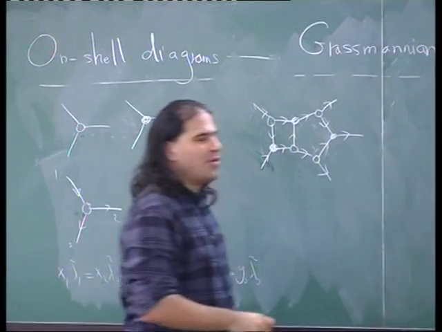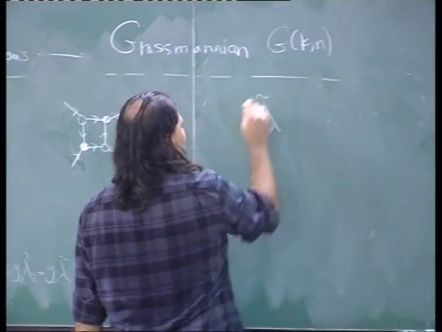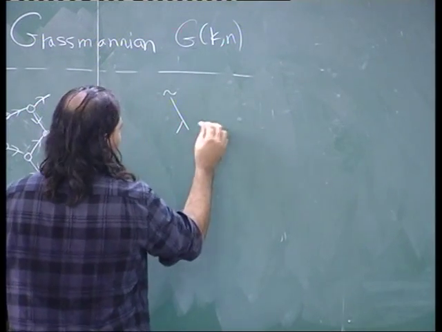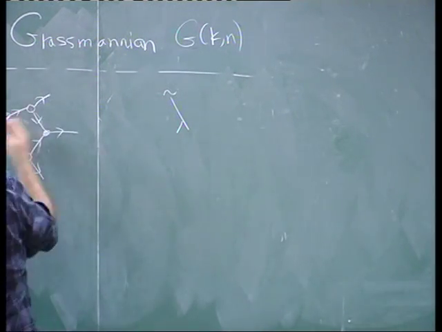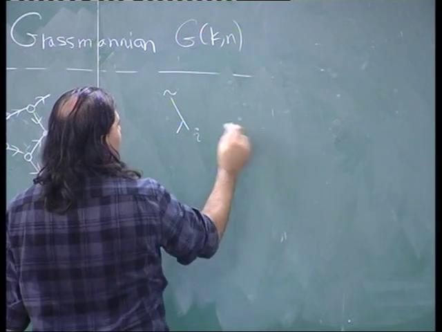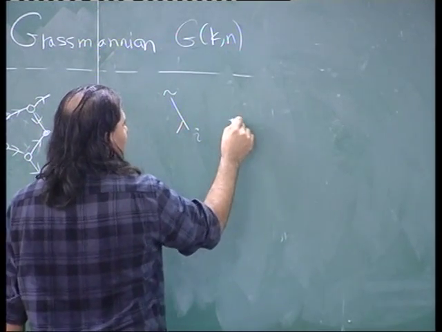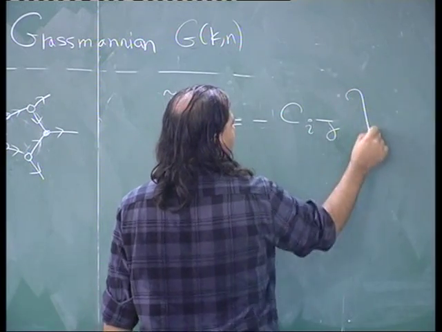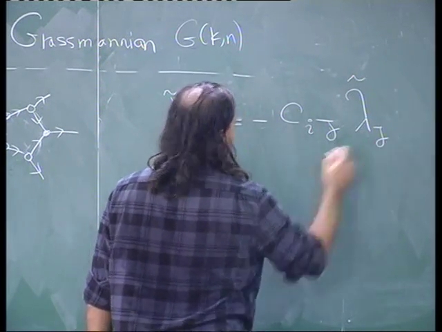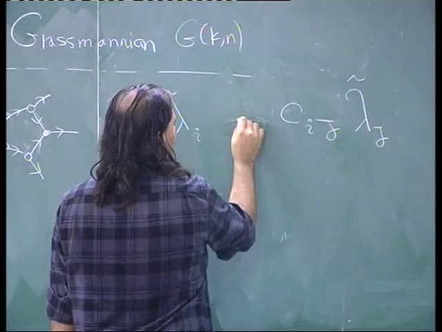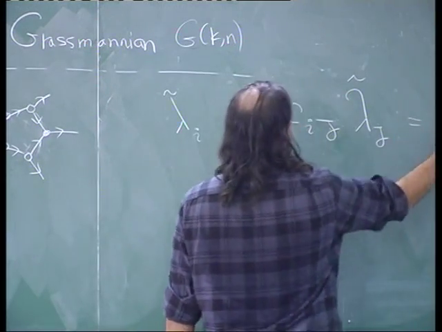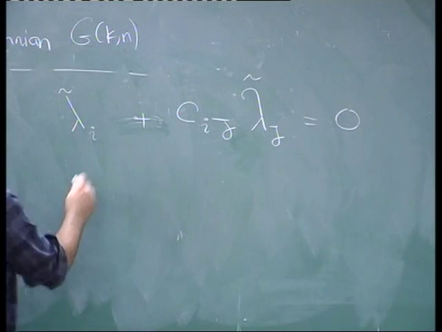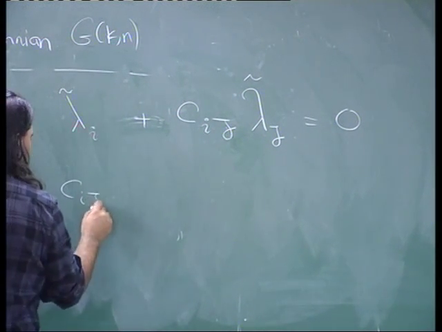So I'm going to give you a formula for the lambda tildes of the incoming lines as some linear combination of the lambda tildes of the outgoing lines. Put a minus sign there so we can write it like that. But what is this minus Cij?